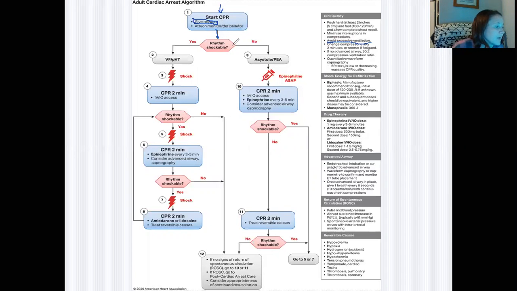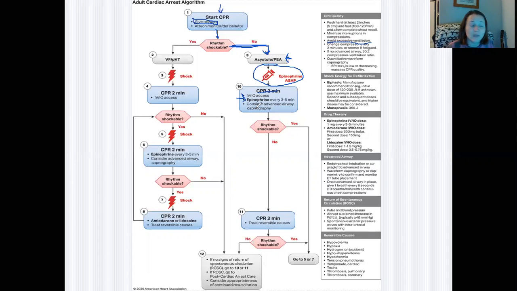So we have now determined it is not shockable. So what are we going to do? We've got the other rhythms, asystole or PEA, that are non-shockable rhythms. You're going to give that epinephrine ASAP. They used to have you doing CPR for 2 minutes and then giving epinephrine in the next 2 minute slot.